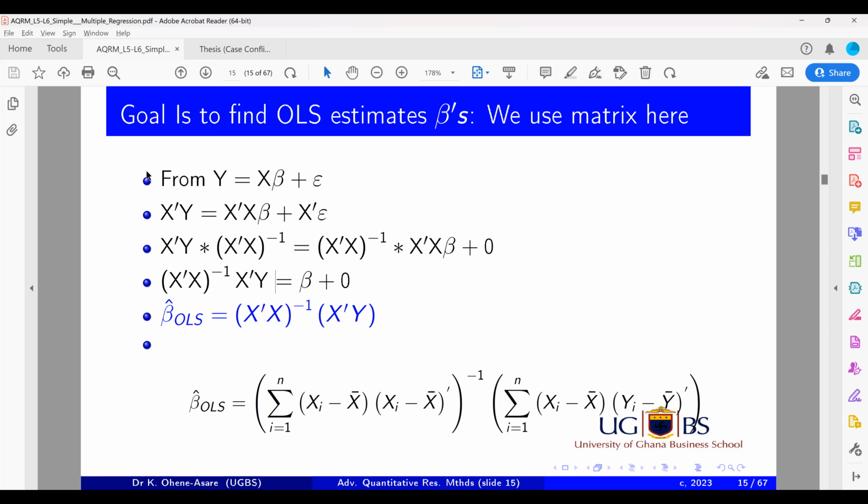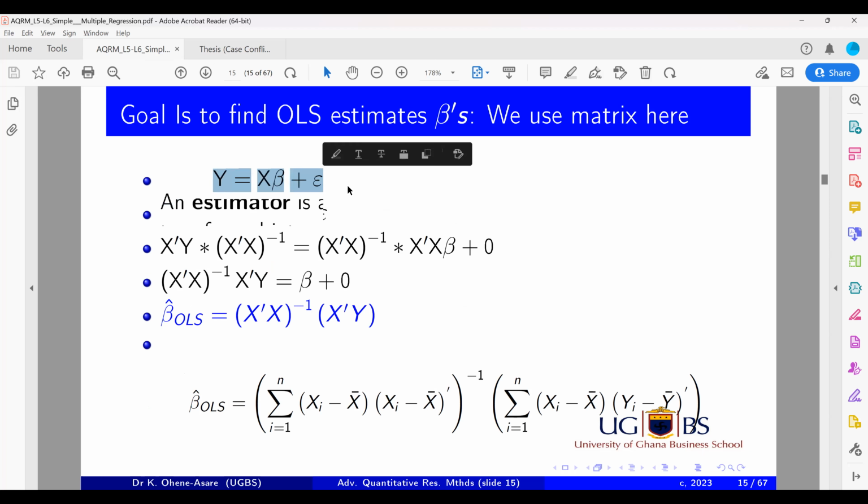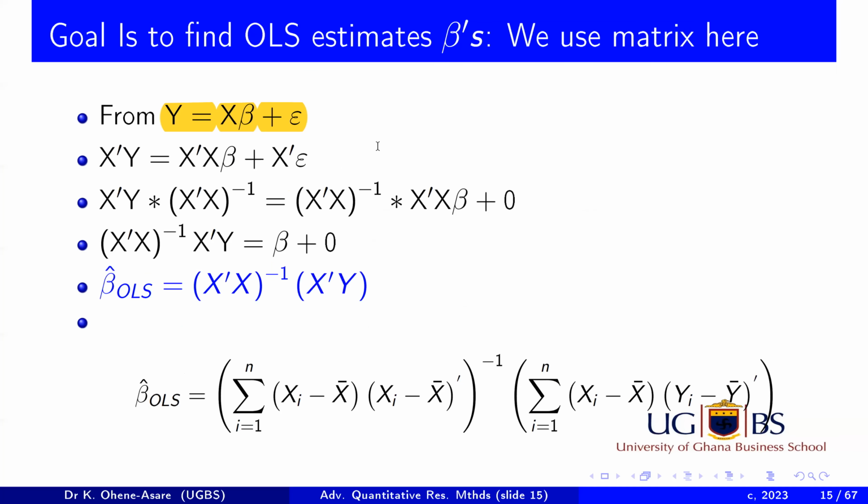It's an easy way. So if you look at this equation here, this is a clear indication of a regression model. That is a simple indication of what a regression model is.